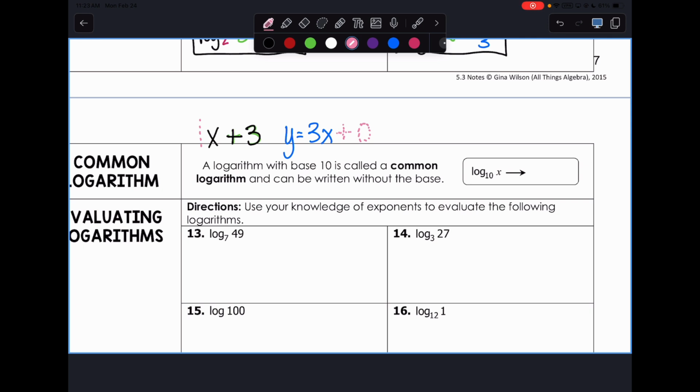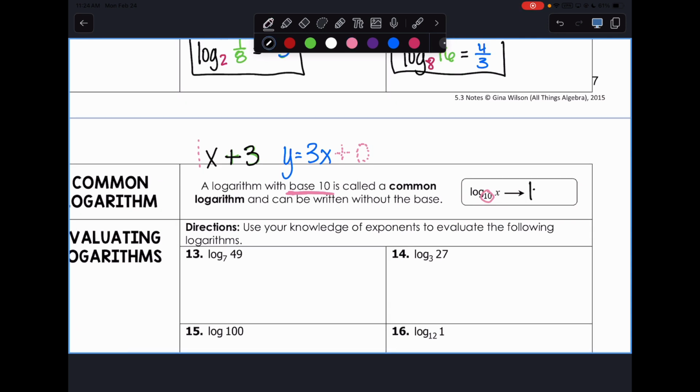If you do not see it typed up in the log form, if you don't see a base, that means it's always a 10. The common base is always a 10. Base 10 will not always be written. So what they would write is this, log of x. That's it. If you do not see a base, that means the base is 10.